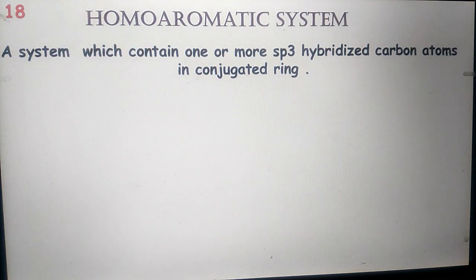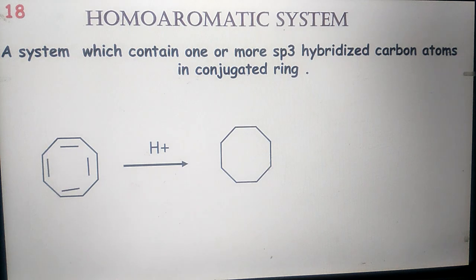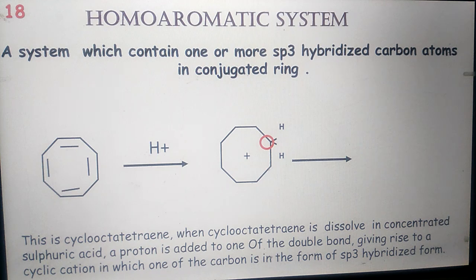Homoaromatic systems, which contain more than one sp3 hybridized carbon atom in a conjugated ring, also show aromatic character. For example, cyclooctatetraene: if we dissolve this in acid, a proton is added to one of the double bonds, giving rise to a cyclic cation in which one of the carbons is in the form of an sp3 hybridized atom.